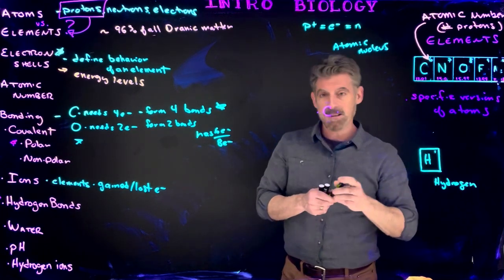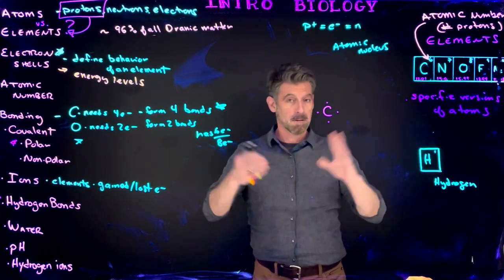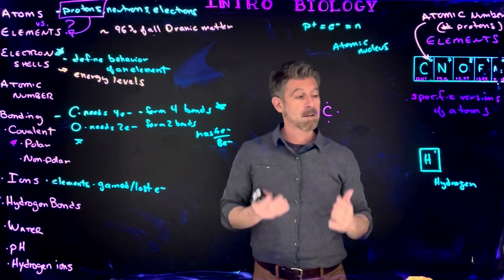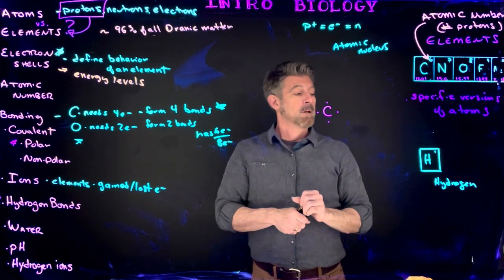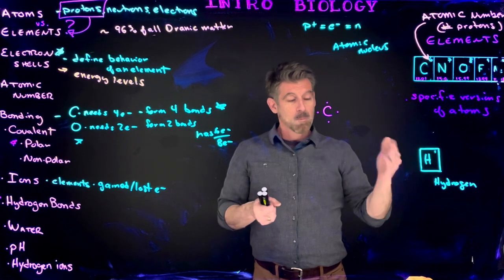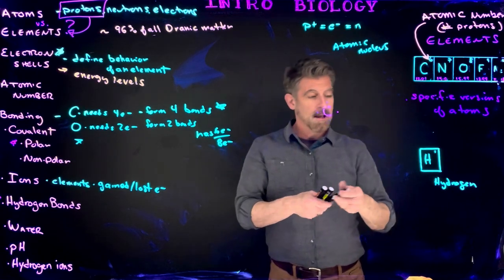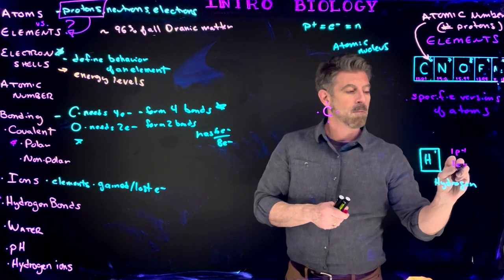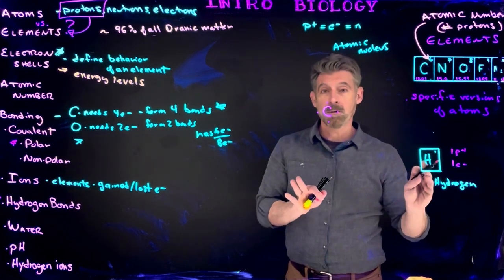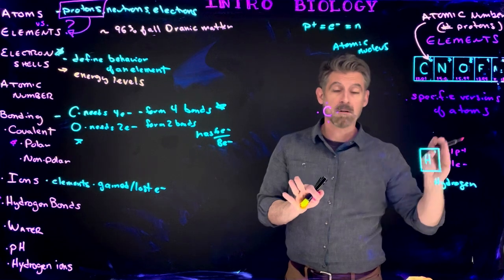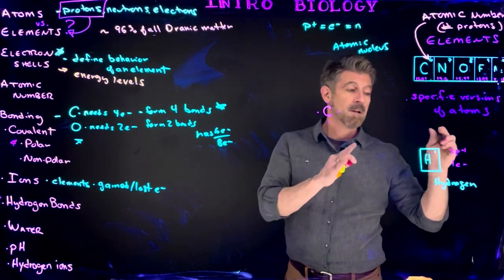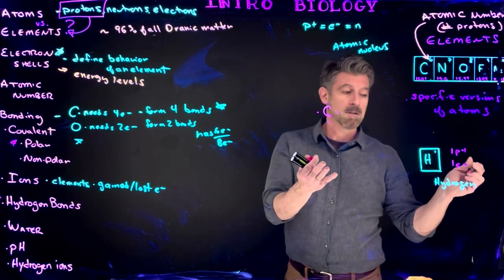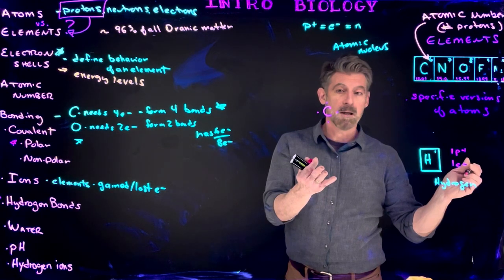Probably the most abundant element in all of your body, in all biochemical molecules. So hydrogen has 1 proton, 1 electron, no neutrons. So it's not protons equals electrons equals neutrons. For this case, it's just protons, electrons. That's all a hydrogen atom is.